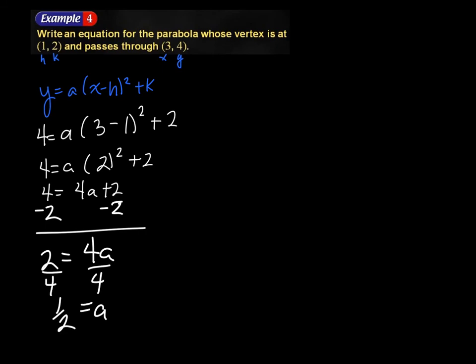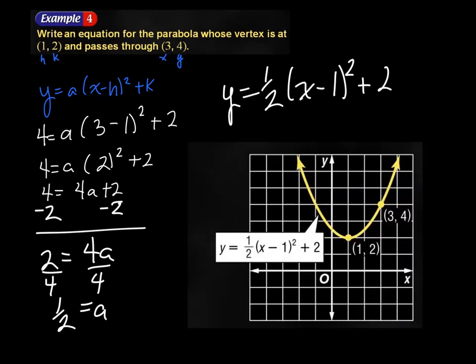So the equation of our parabola is y equals 1/2 times x minus h, which was 1, squared plus k, which was 2. If we type that equation into GeoGebra, we could verify that we have a parabola that opens up, has a vertex at 1, 2, passes through the point 3, 4.